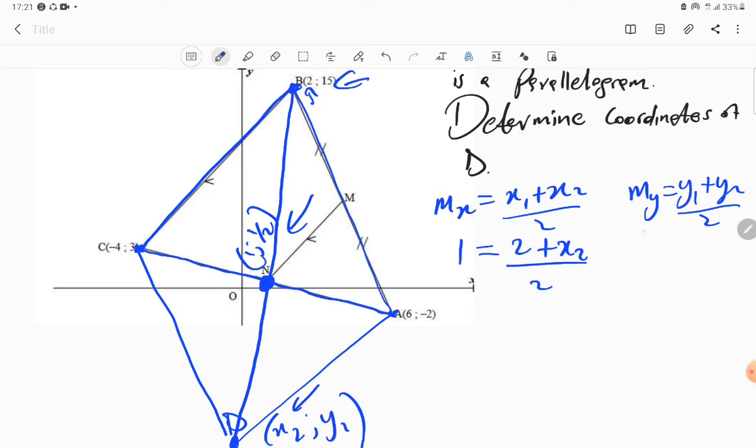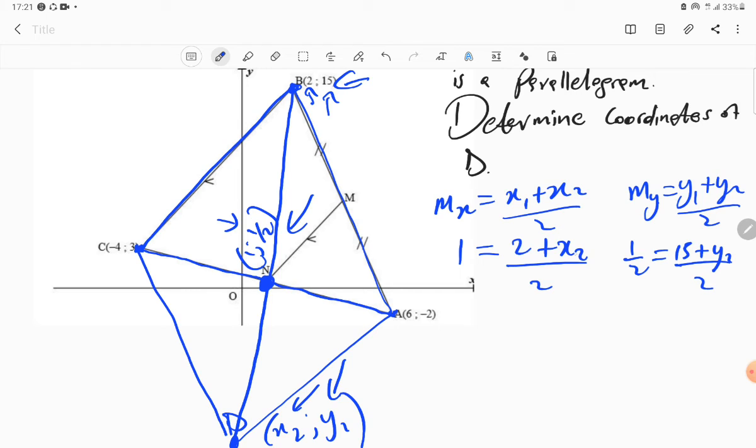For y, the y coordinate of the midpoint is a half, so 1 over 2 equals y1, which is 15, plus y2, which we don't know, over 2.